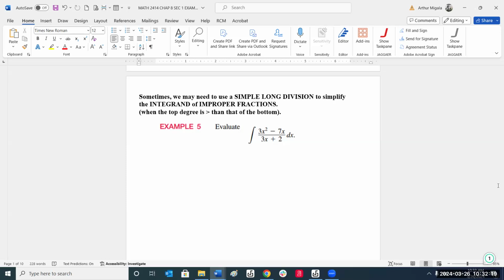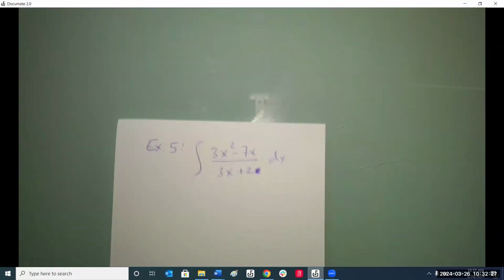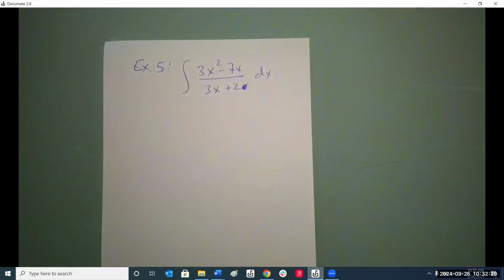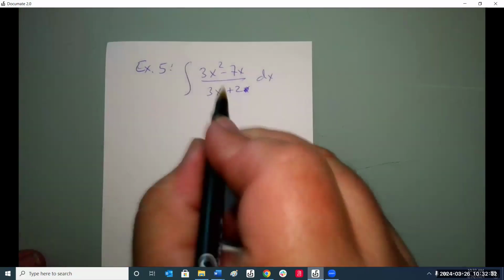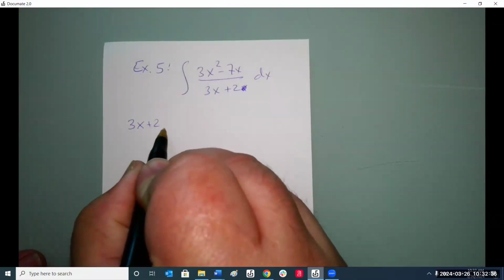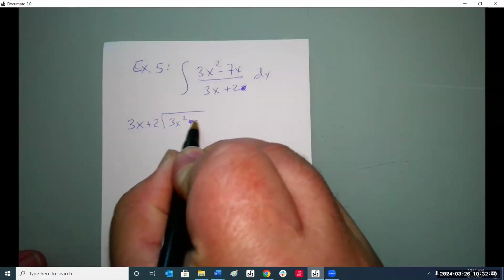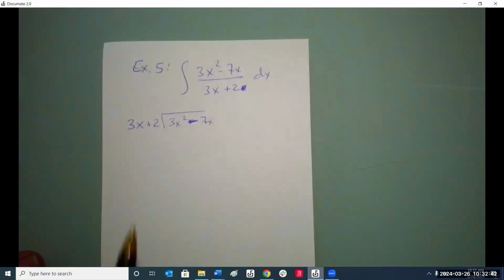All right, so let's look. Let's go back here and write it down. So in our example here, what we have to do is the long division, 3x plus 2 into 3x squared minus 7x.